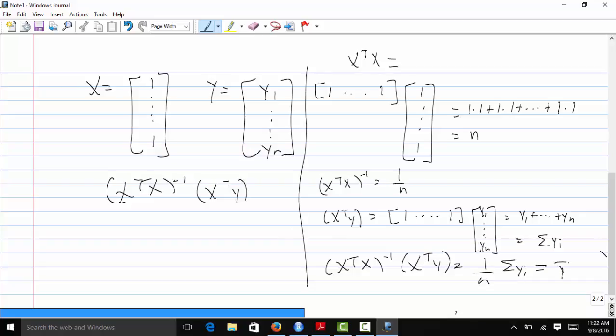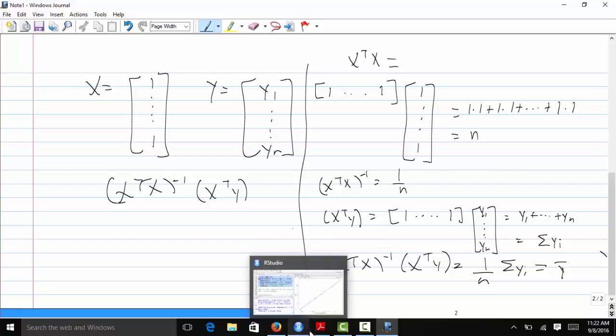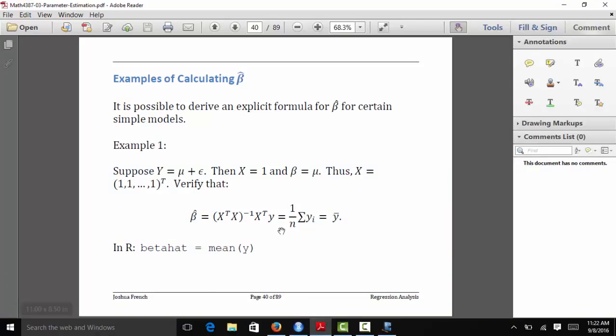So what that means is that if we're fitting a constant mean model to our data, then our best estimate of the intercept, or of the regression coefficient, is just the sample mean, which is obviously very straightforward to calculate. And in R, to calculate beta hat, we would just do mean of y, where y is a vector that contained all of our responses.